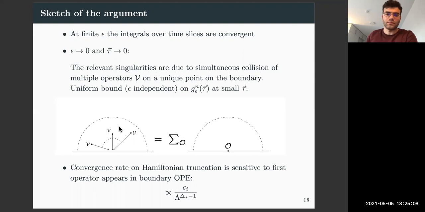But at some point, if your perturbing operator is close enough to marginal, then you get extra powers that are related to bulk operator dimensions.